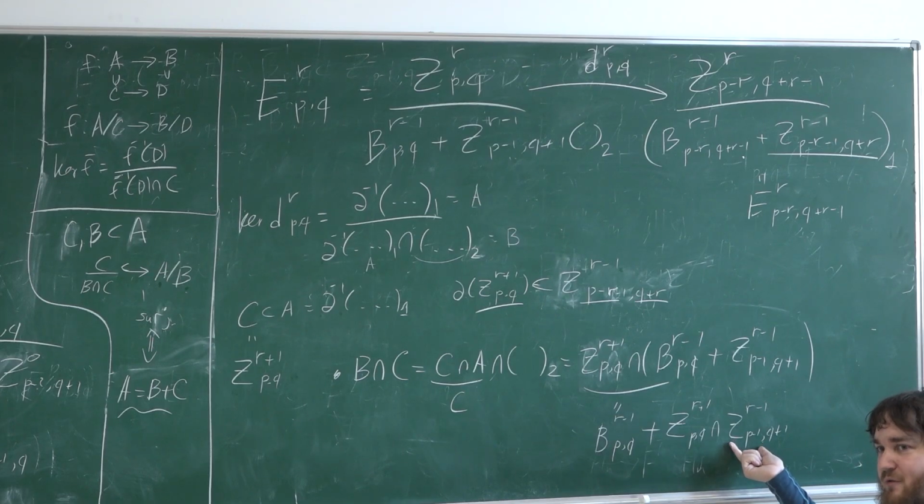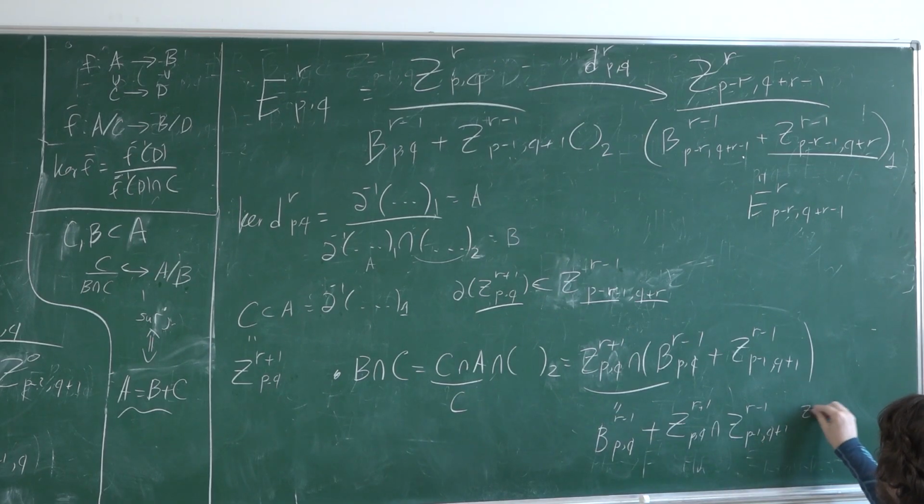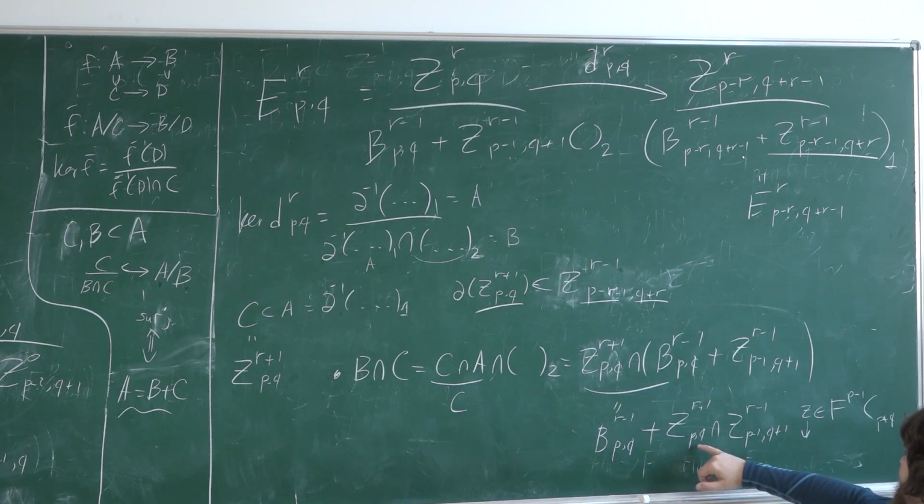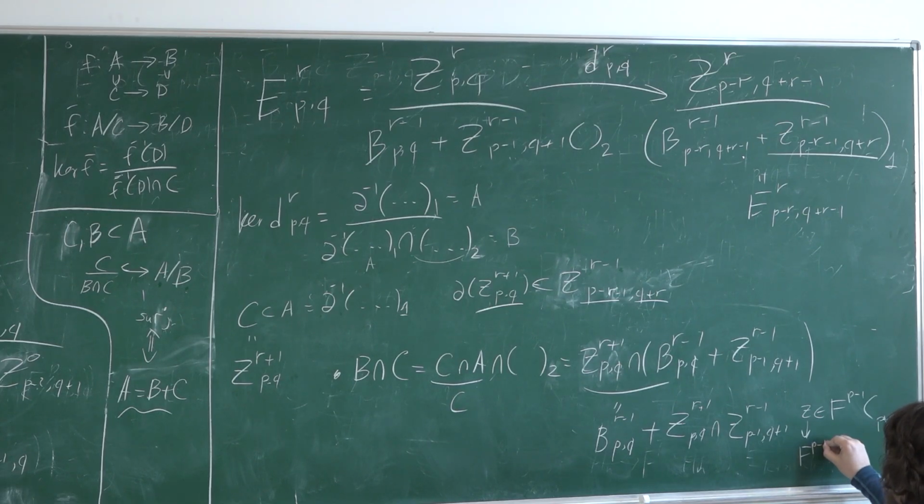P-1 is smaller, so it's elements from the P-1 filtration, C, with P plus Q grading. And its image goes to P minus R minus 1, P minus R. P minus R is smaller, so it goes to F_{P-R}. Okay?